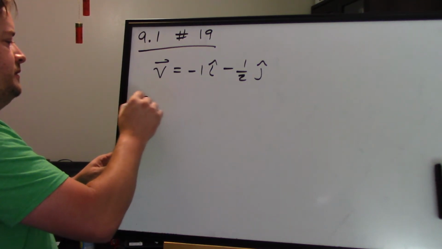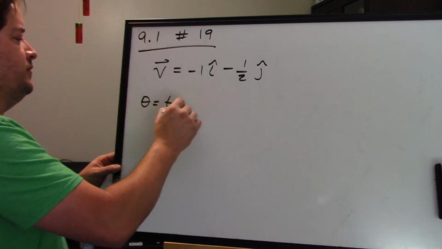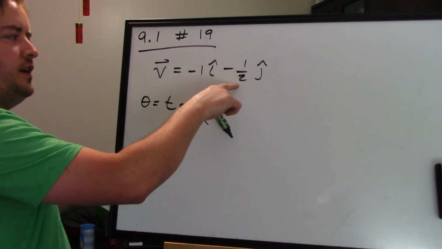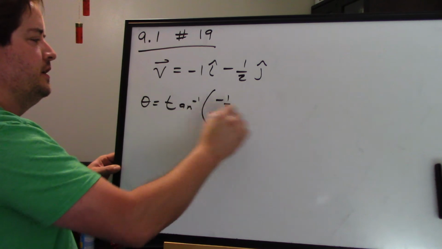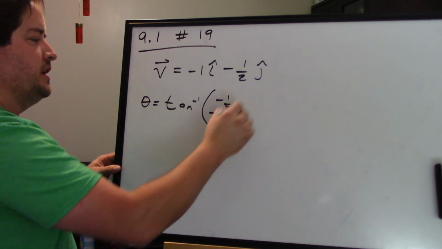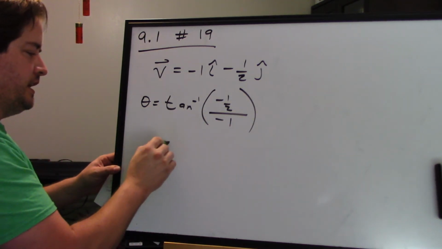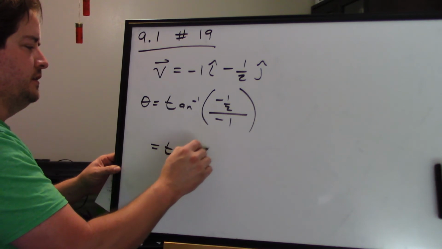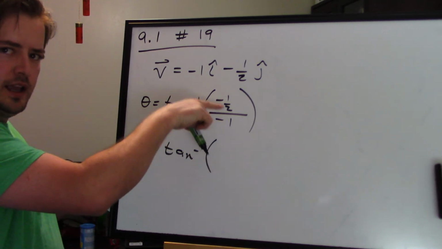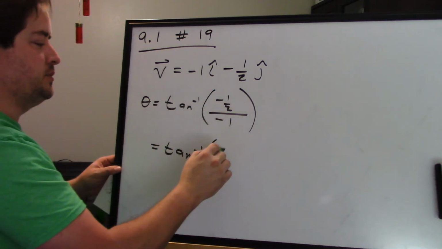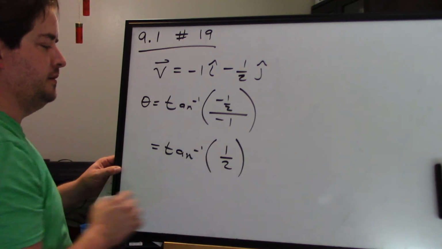So theta is again the tan inverse of the y value, which is -1/2, divided by the x component, which is -1. So I want the tan inverse of -1/2 divided by -1, which is just +1/2, right?